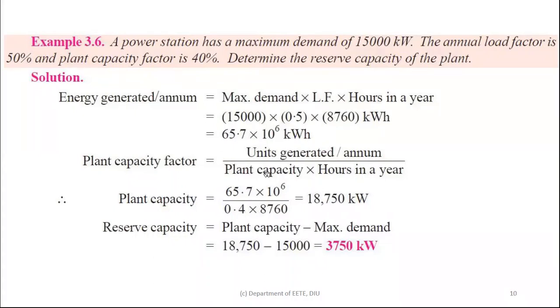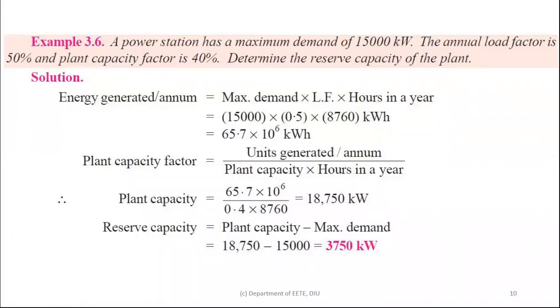We all know the plant capacity factor is average demand by plant capacity. You see a small change: units generated per annum divided by hours in a year. If you divide the total units generated in a year by the total hours in a year, you will get the average demand.